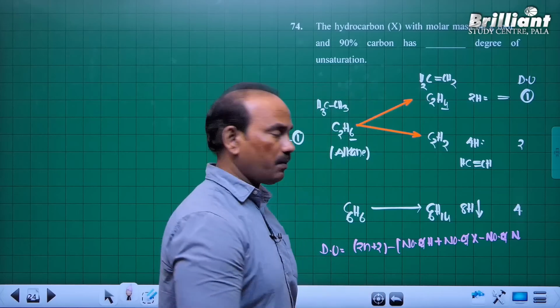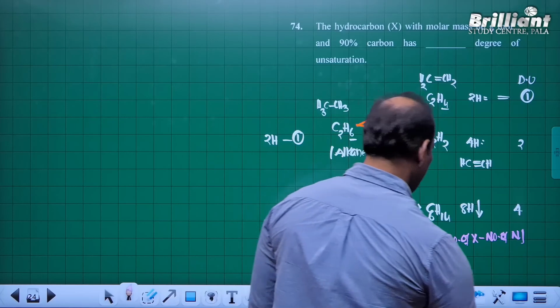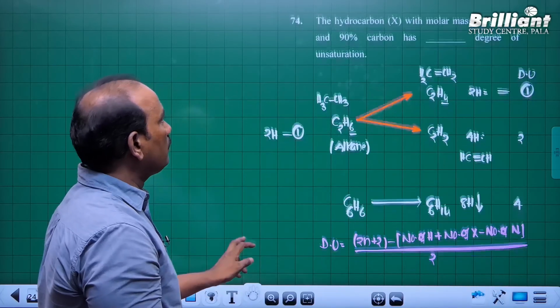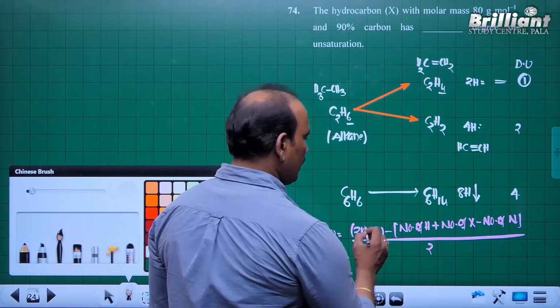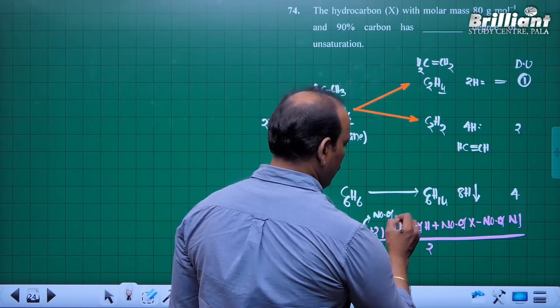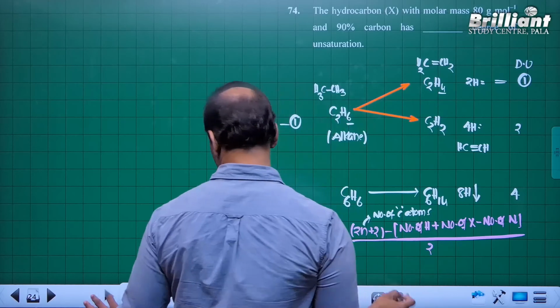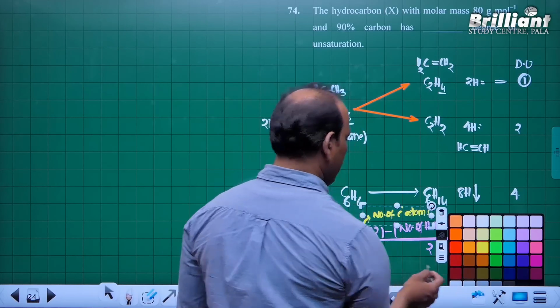There is no importance of oxygen; never count the oxygen. Here n equals the number of carbon atoms.